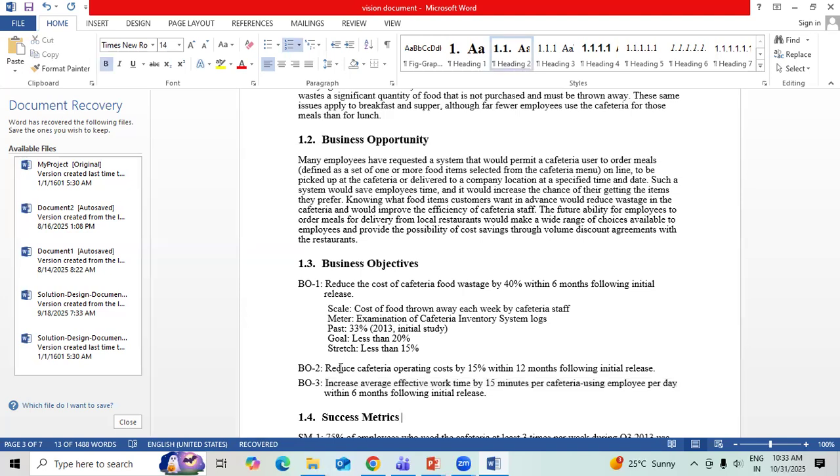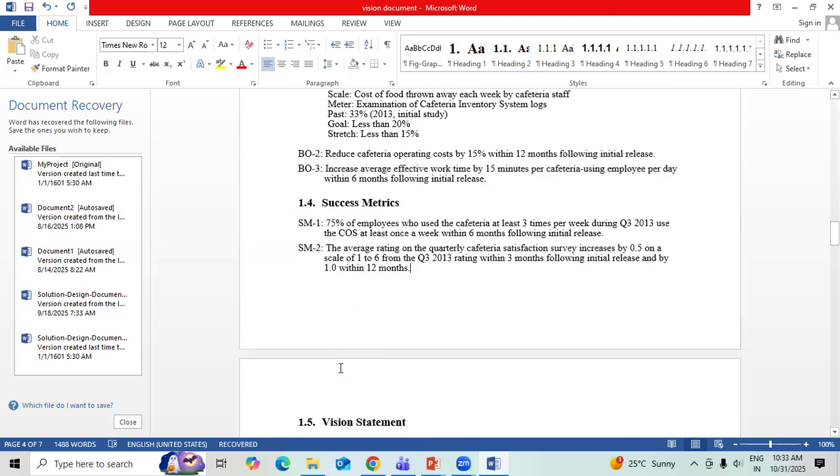After that, what kind of success metrics are to be followed here? Success metrics majorly define what success rate we have. Let's say that 75% of employees use the cafeteria at least 3 times per week. This is what we have generally seen. I am taking old data into consideration. Let's say that in Q3 we saw 75% of employees use the cafeteria at least 3 times per week, because unless there are people who order food, there is no need for a cafeteria ordering system to be designed.